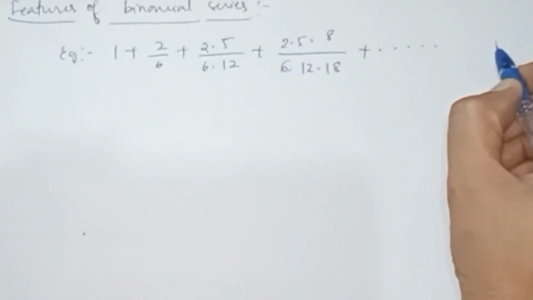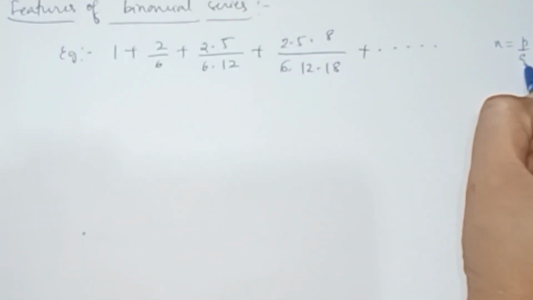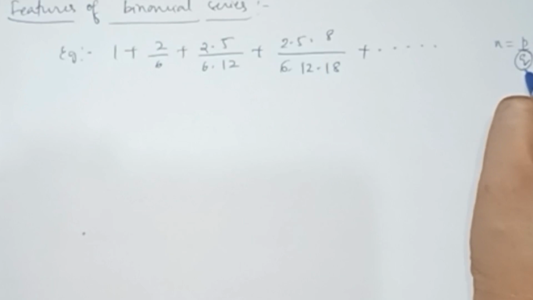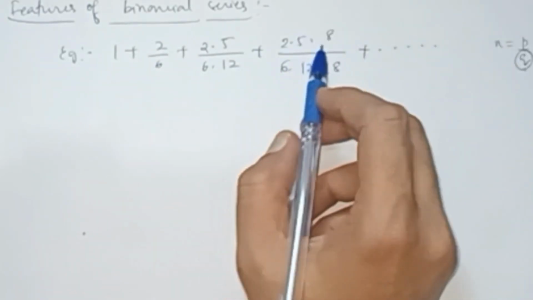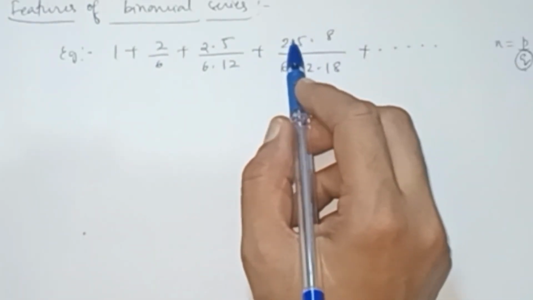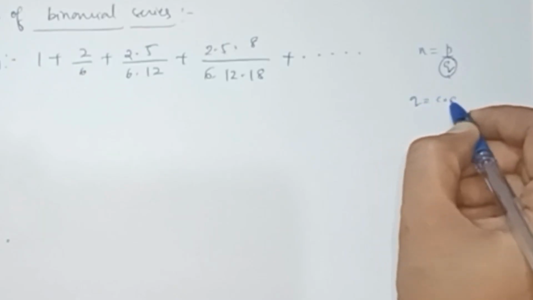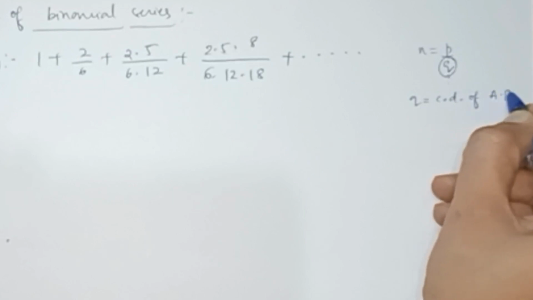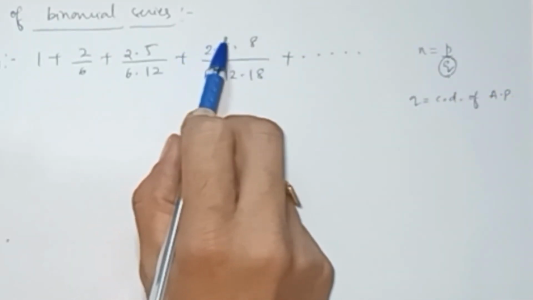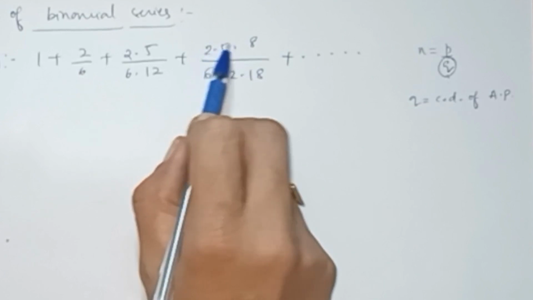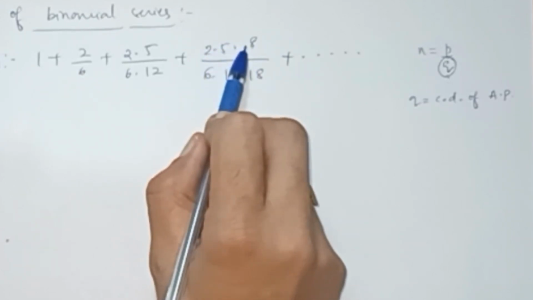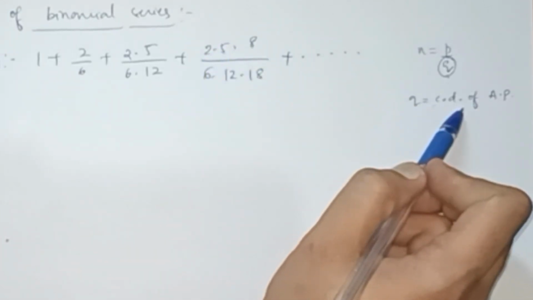The index is n equal to p by q, so the denominator of the index is q. The common difference you get in this AP is equal to q. See here, 2 to 5 the common difference is 3, then 8, that is 3 again, so q equal to 3.